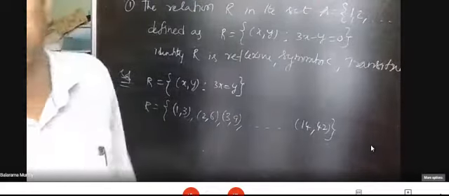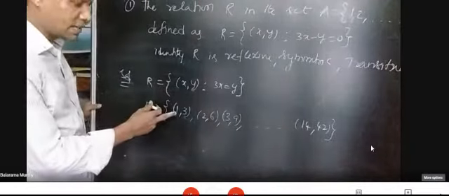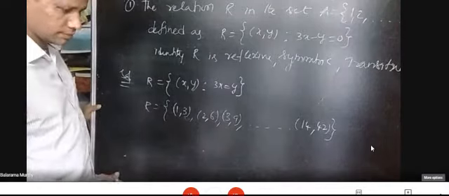Now, go with one by one. Is it reflexive? Reflexive means A comma A is also in the relation. But what is the element here? 1 comma 1 is there? No, sir. It's not reflexive.